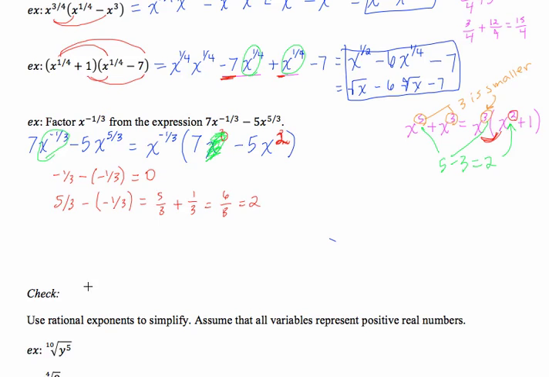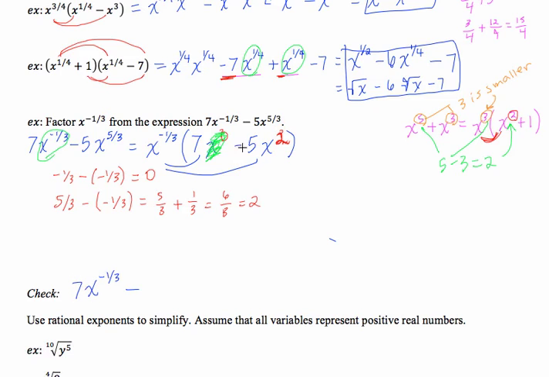And I think we should definitely check this one. In fact, if you're factoring out radical exponents, it's always a good idea to check your answer. So let's re-expand this thing out and see if we get the right answer. Okay, expanding the first term is obviously correct. 7 times x to the negative 1/3 is equal to 7 times x to the negative 1/3.